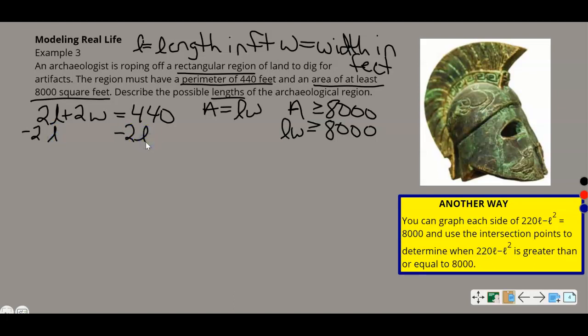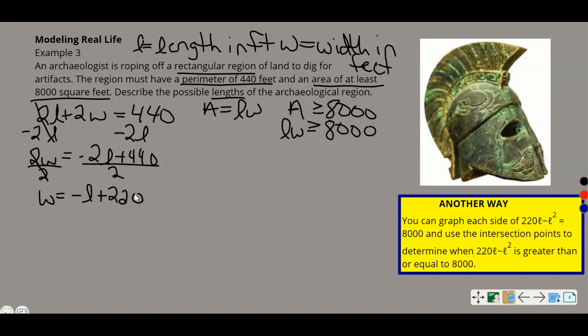I subtract 2 times length on both sides: 2W equals negative 2 times length plus 440. Now I divide by 2, so my width is equal to negative length plus 220.